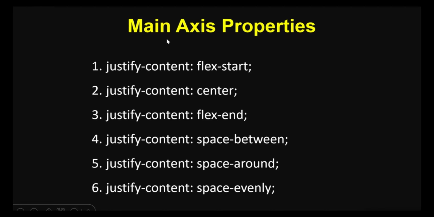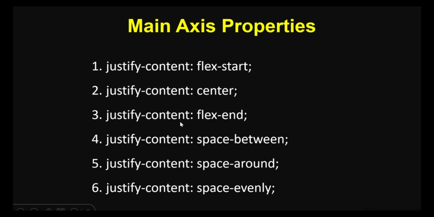There are some properties that we can apply on the main axis. These properties will be applied on all of the elements of the container, like justify content. Justify content flex start means the items will start from the start of the container. Justify content center means the flex items will be aligned center.